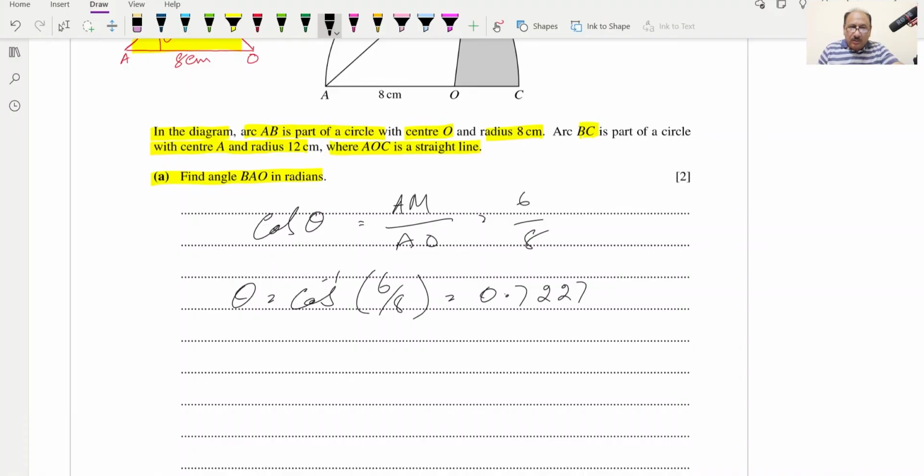The final answer we can write as 0.72, up to 2 significant figures. This was the 2 marks part.